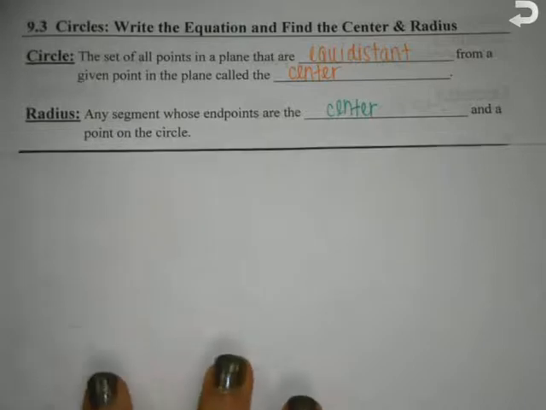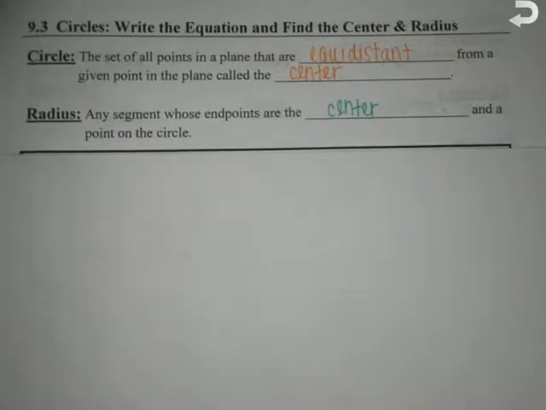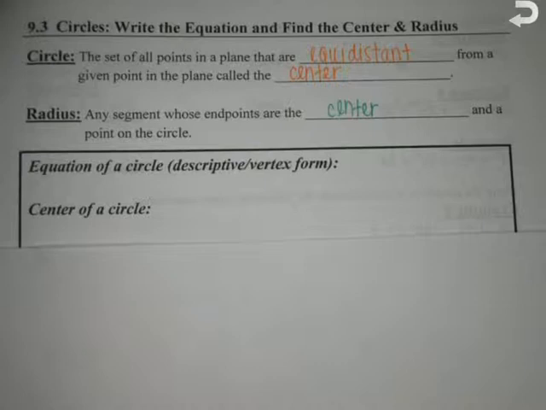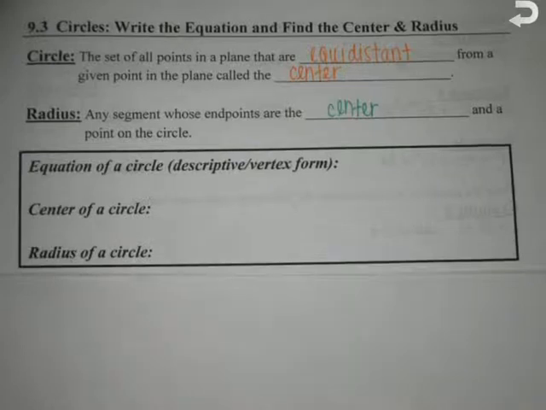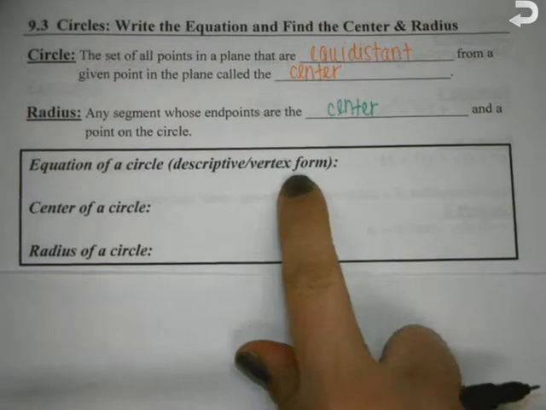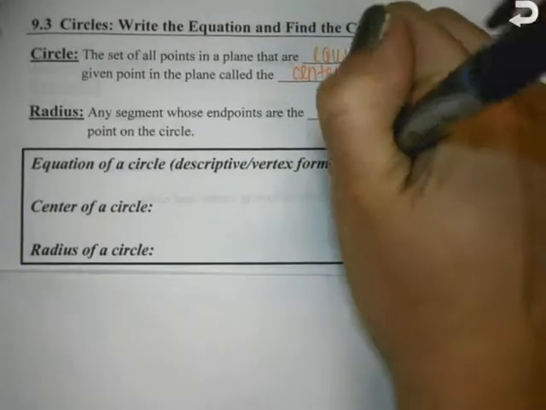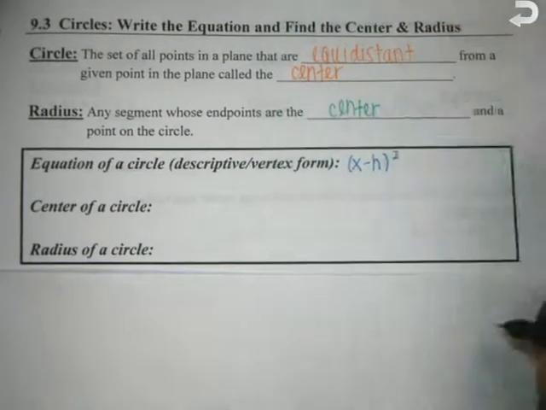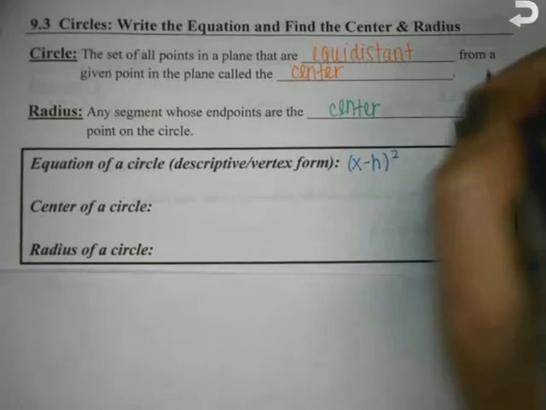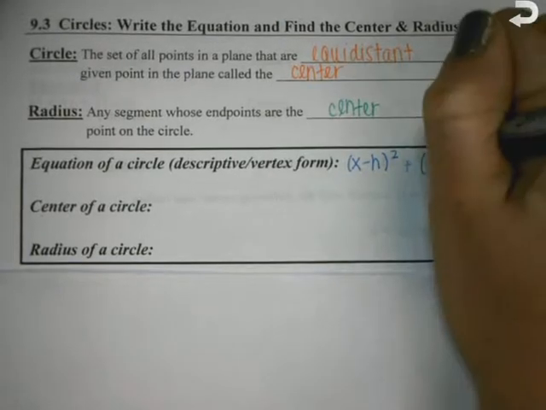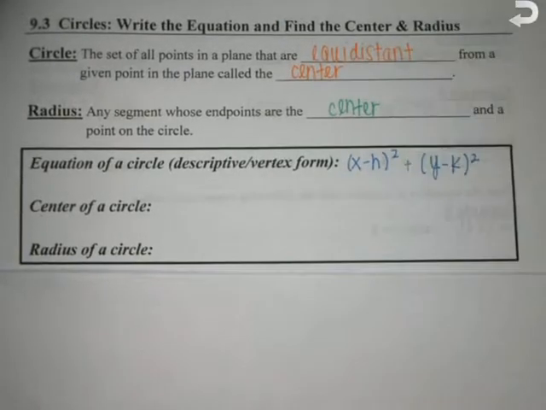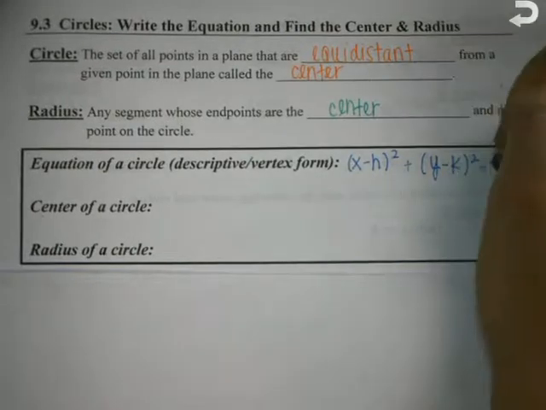Okay? So circles also have an equation, or what we call a descriptive or vertex form. Remember, parabolas have a vertex form, right? And we really like vertex form because everything that we need is given to us without any work having to be done. Circles are the same way. The descriptive or vertex form looks like this. (x minus h) squared, that looks similar to a parabola, plus (y minus k) squared equals r squared.